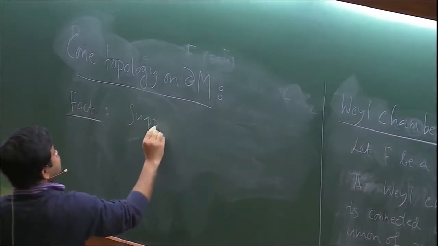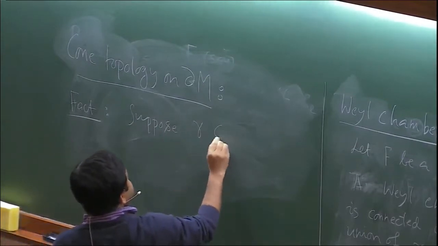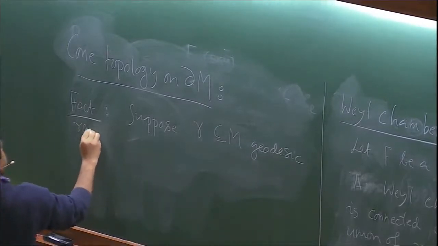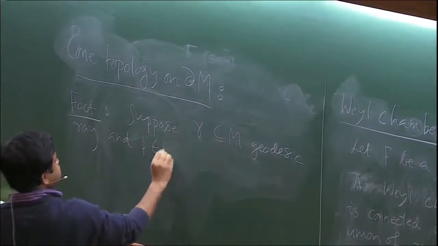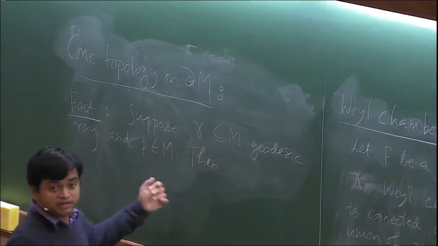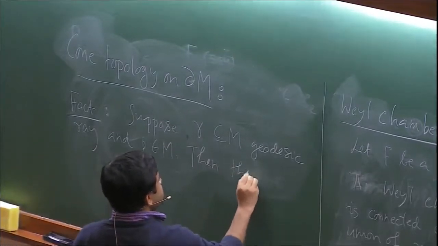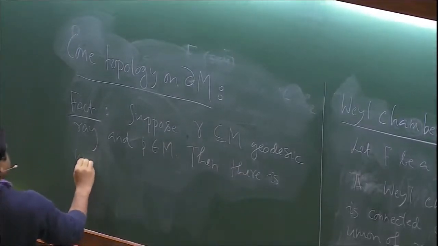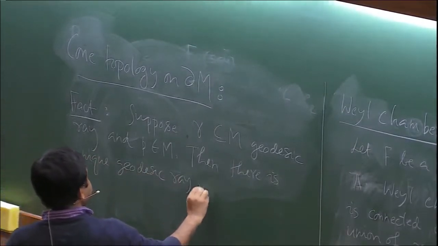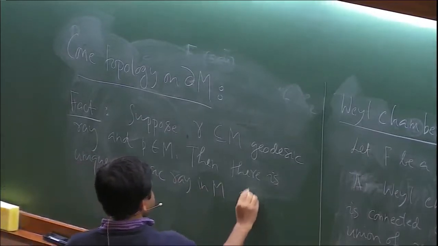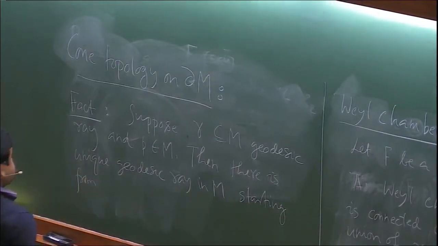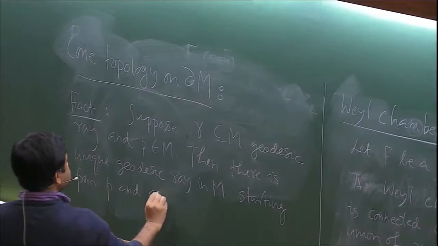Suppose gamma inside M is a geodesic ray, and I have a point P inside M. Then there is a unique geodesic ray in M, starting from P and asymptotic to gamma.